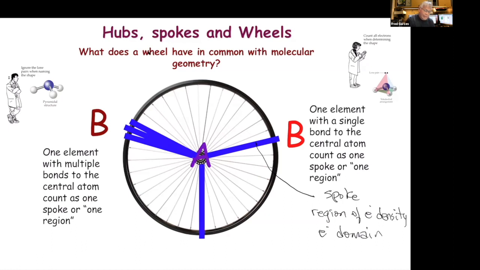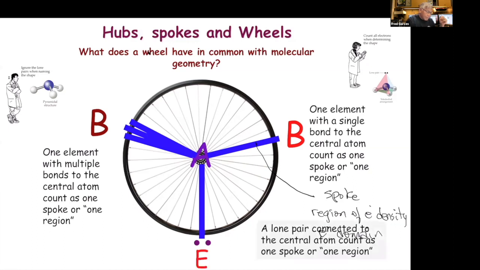And then an electron pair, a lone pair, acts as its own domain. It's a region out there. The reason we do that is because these regions of electron density dictate the shape of the chemical. These things want to stay as far apart as possible, so they take on a geometry that allows them to be as far apart as possible, okay?